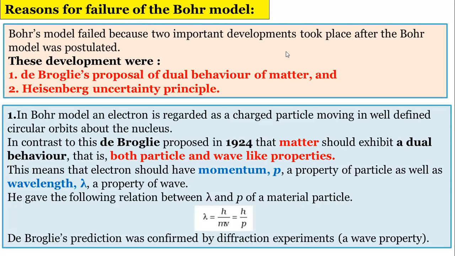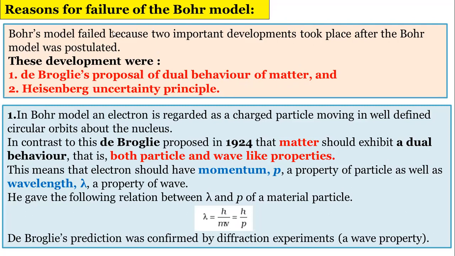Those two main things are, first, de Broglie, again the name of a scientist. De Broglie proposed the dual behavior of matter. According to de Broglie, his opinion was that matter exists in dual behavior, meaning it exists in a wave nature and also has a particle nature. These two points de Broglie proposed, the dual behavior of matter, after Bohr's model.